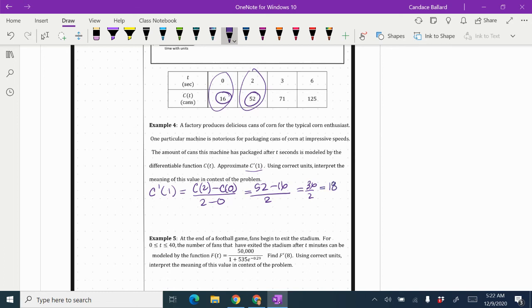And then I need to make sure I put it back in the context of the problem. So I'm going to say that c prime of 1 means the amount of cans of corn packaged. I could say cans of corn packaged, but I'm just going to say cans packaged. That's my noun.